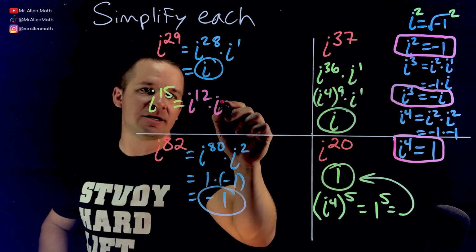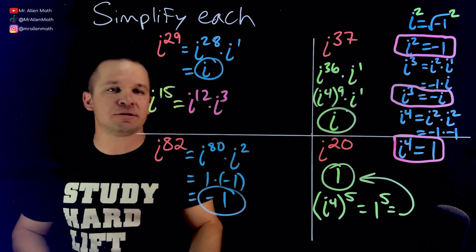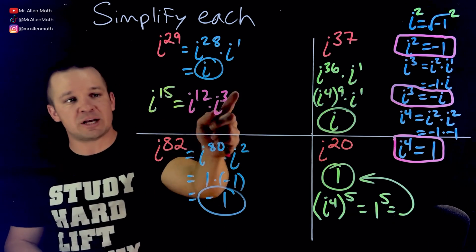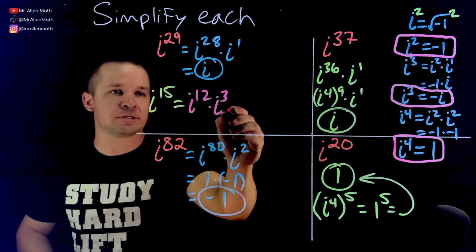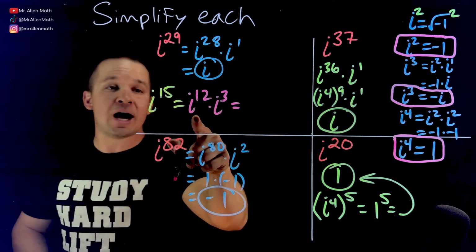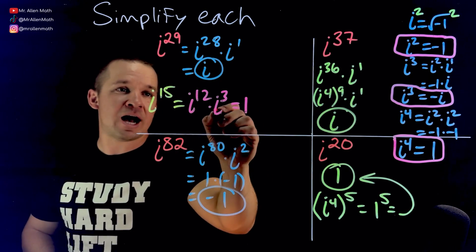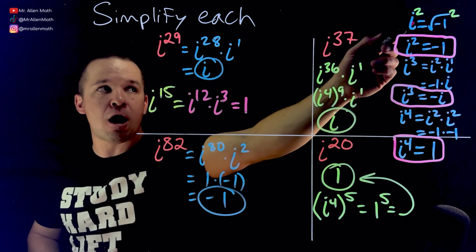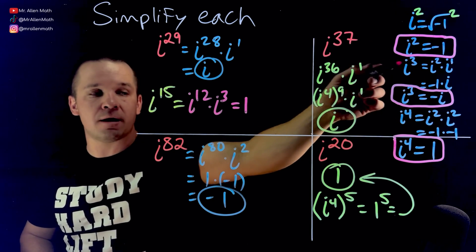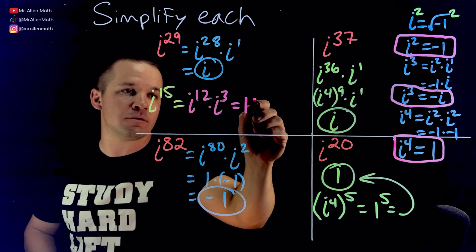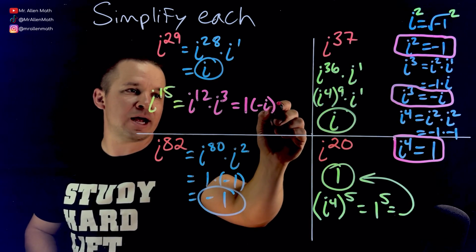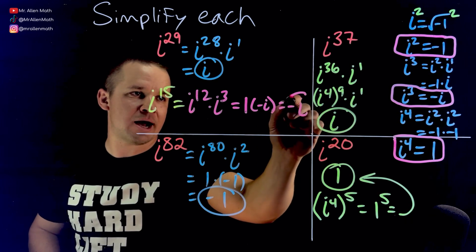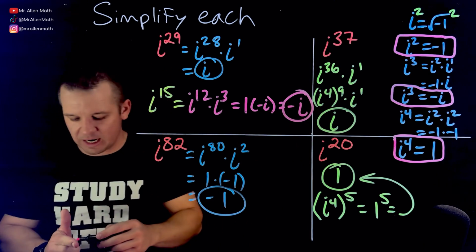So this is i to the 12th times i to the 3rd. Add the exponents. That's exponent properties, like bases. I get, let's see, i to the 12th, that's just 1. i cubed. If you don't remember this, you can kind of figure it out from i times i squared. So you know it's negative i. So our answer here is just negative i.